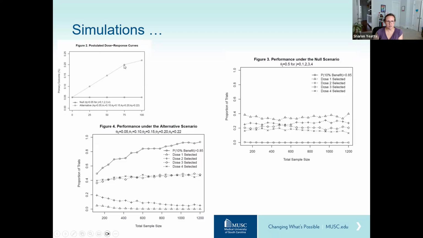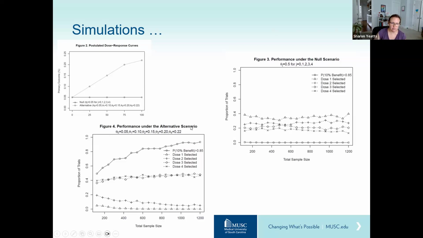So it increases to the second to last dose, and then it sort of starts to plateau. Under the null scenario here, you can see the circle at the bottom is the probability that we conclude that there's at least a 10% benefit, and it's very small, which is good. And there's some variability in what dose is selected at the end of each trial, but mainly the highest likelihood is the smallest dose, which is what we would hope for.